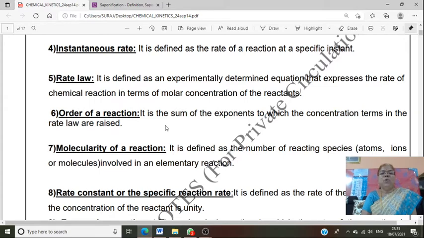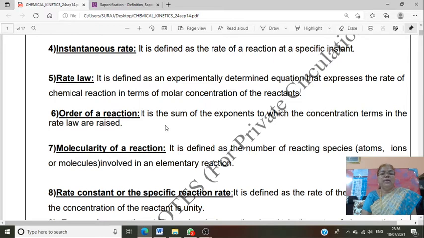It is the sum of exponents to which the concentration terms in the rate law equation are raised, or it is the number of atoms or ions whose concentration changes during the chemical reaction, and that number is called the order of reaction. And order may be a fractional number or integer.